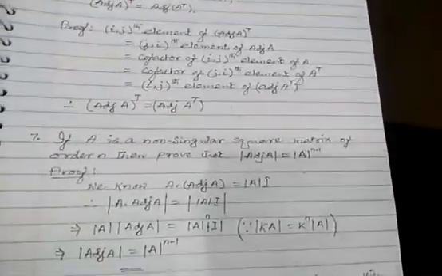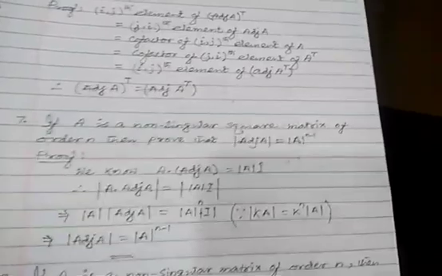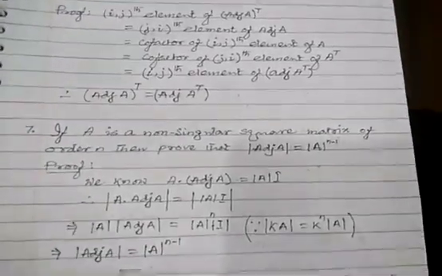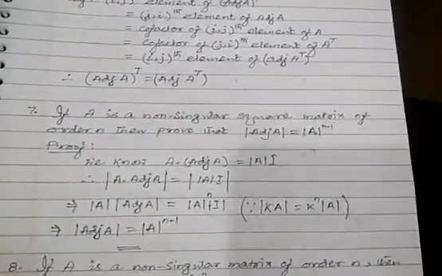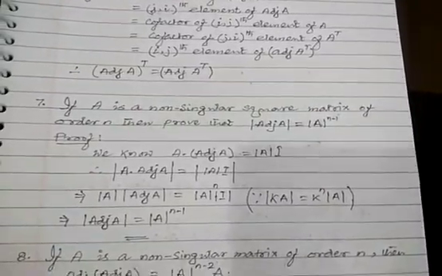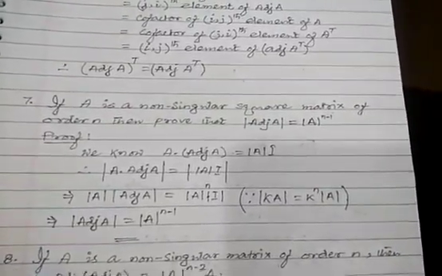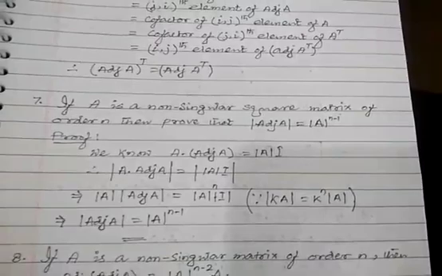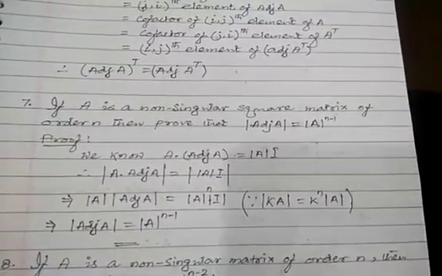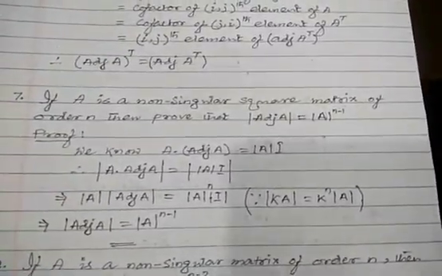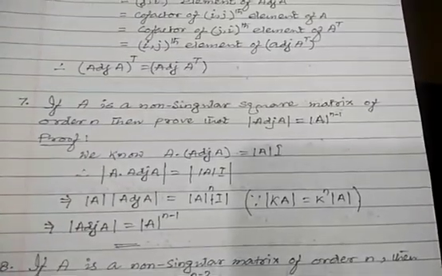Now, the seventh property. If A is a non-singular square matrix of order n, then we can prove the determinant value of adjoint A is equal to determinant A whole to the power n minus 1.